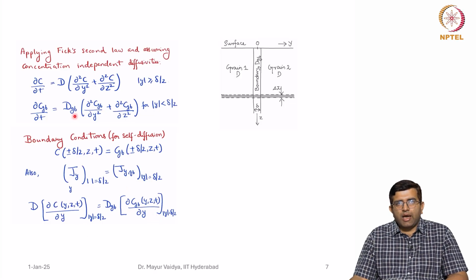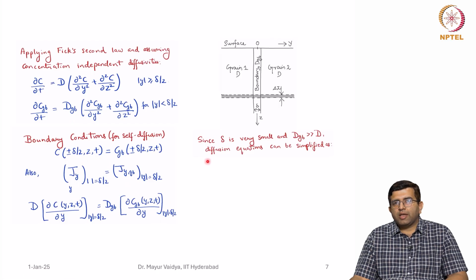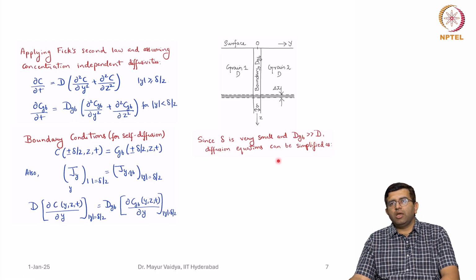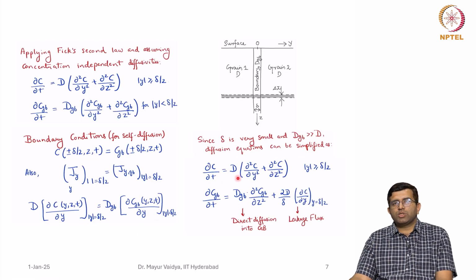Using these and also using the fact that delta is very small and DGB is much greater than D, these equations have been simplified as follows. So, the first equation remains same. The second equation ∂CGB/∂t is equal to DGB into ∂²CGB/∂z² plus (2D/δ) into ∂C/∂y at y equal to δ/2.